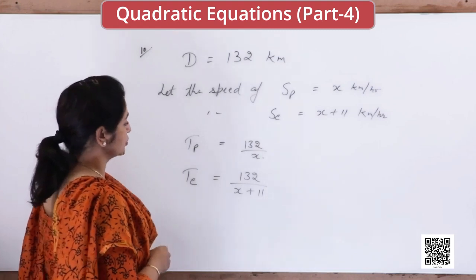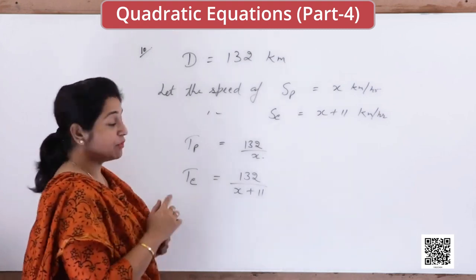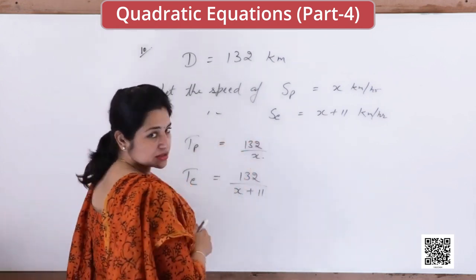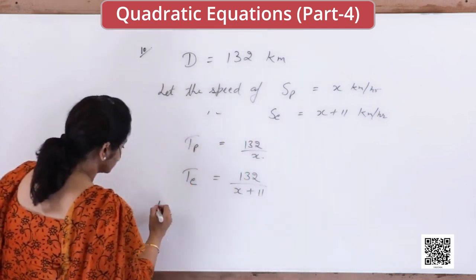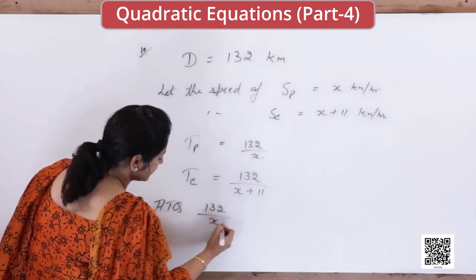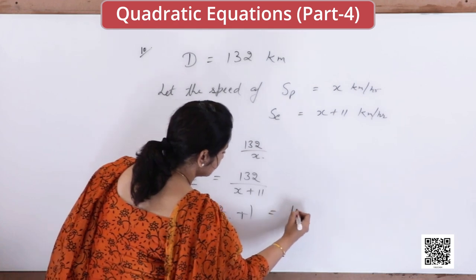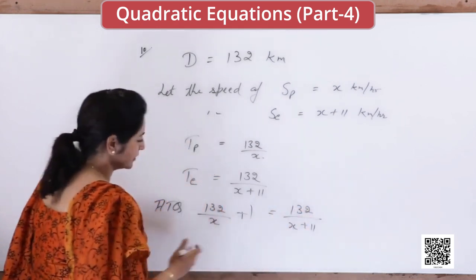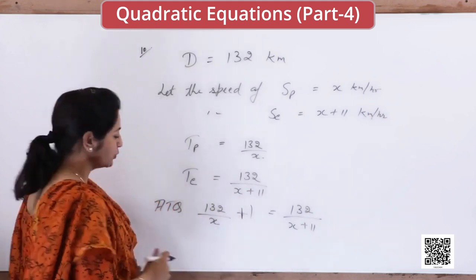Now, according to the question, the passenger train takes 1 hour more than the express train. So, if we add 1 to this, it will be equal to this. So, we can say according to question, 132 upon x plus 1 is equal to 132 upon x plus 11. Now, we can solve it to get our equation.